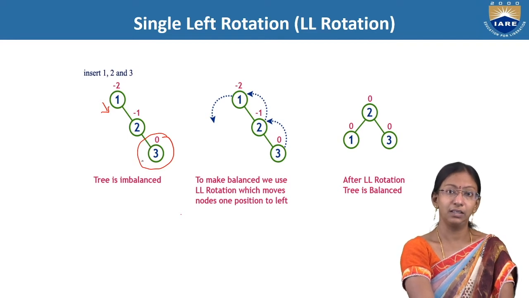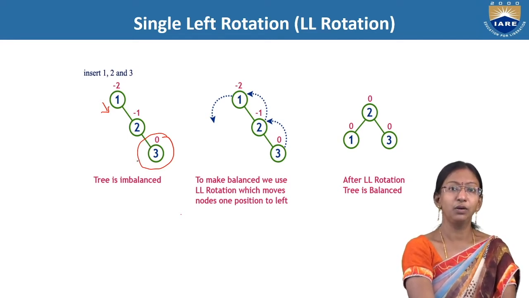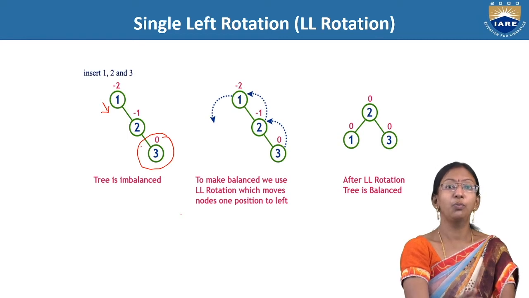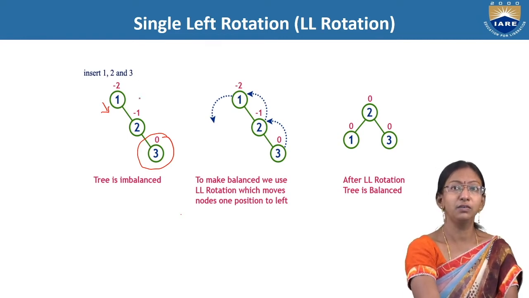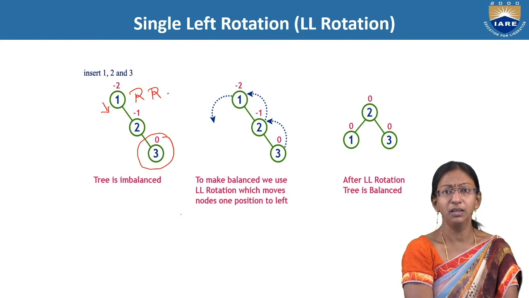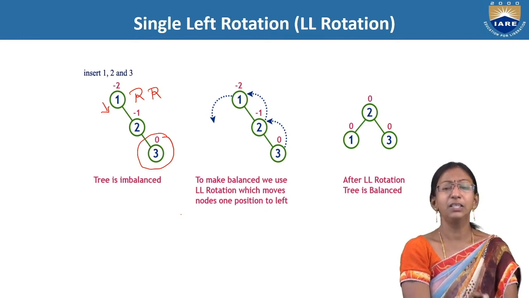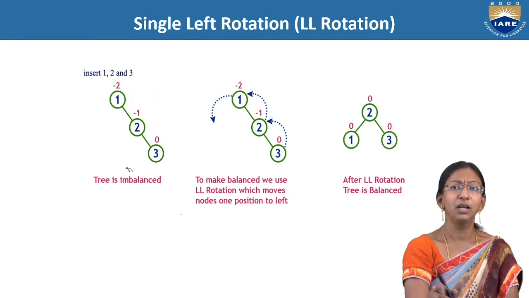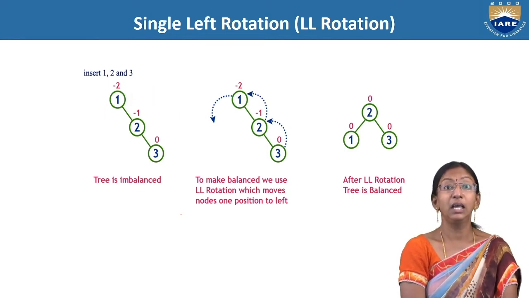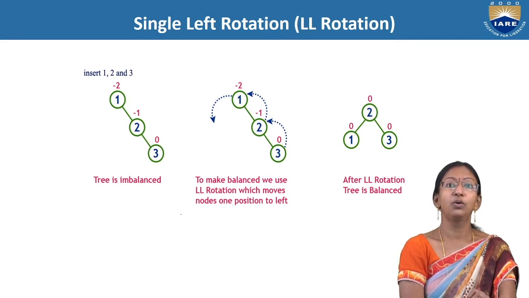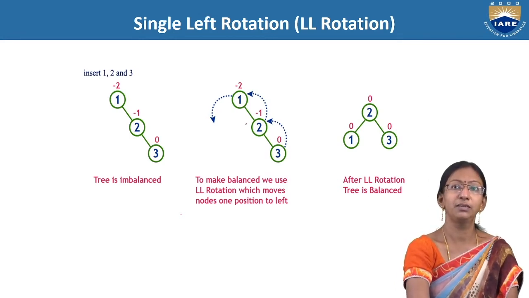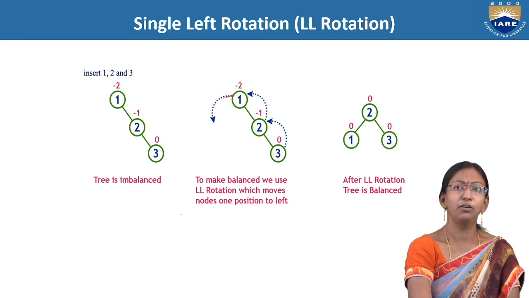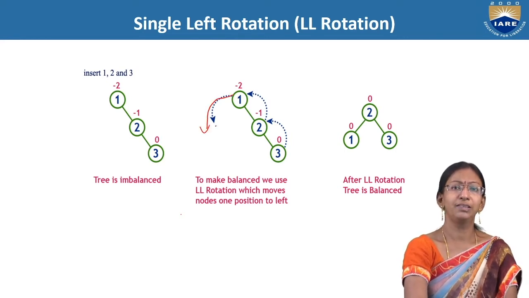Now where is 3? 3 is inserted in its right subtree and it is sitting as a right child. So because of that insertion, the right side weight is heavy for 1. So rotate it towards left. Very simple. Pull the head of 1 towards left.